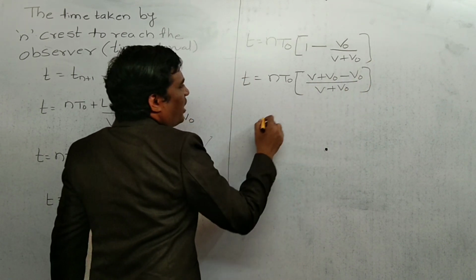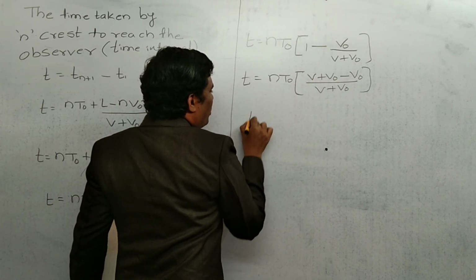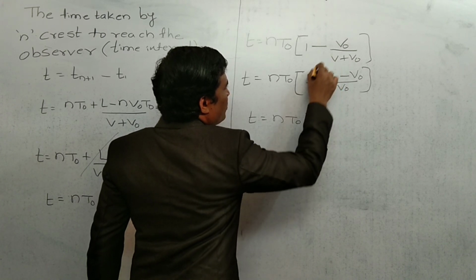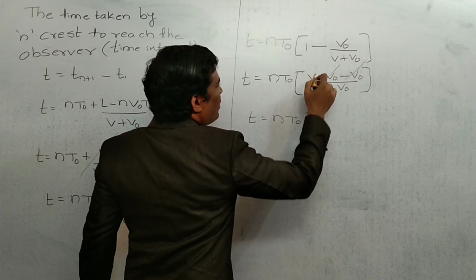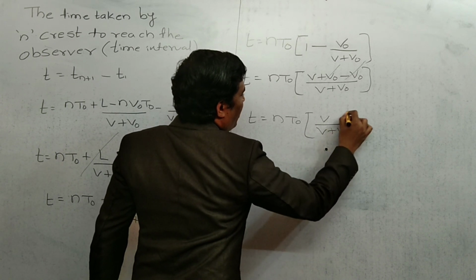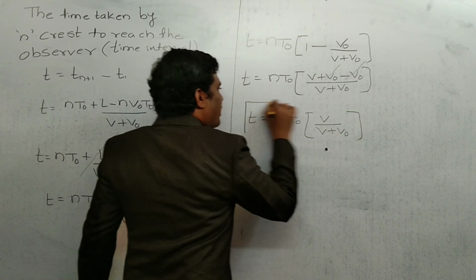Minus v naught plus v naught gets cancelled. So T equals n t naught times v by v plus v naught. It is the time interval.